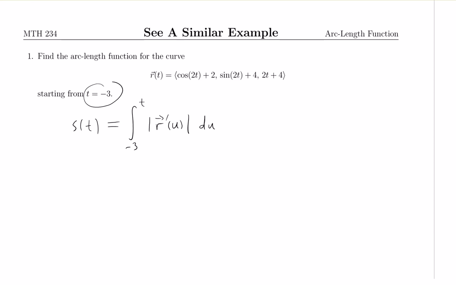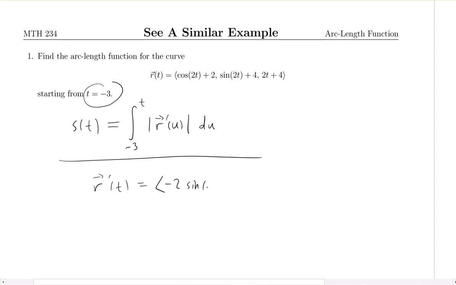Okay, so let's figure out what this is in this specific case. So first, what's r prime? Since we're not doing it inside an integral, it's safe to use t here. Let's see, the derivative is -2 sine of 2t, 2 cosine of 2t, and 2.